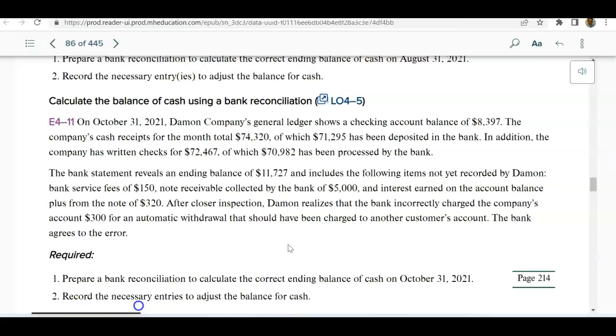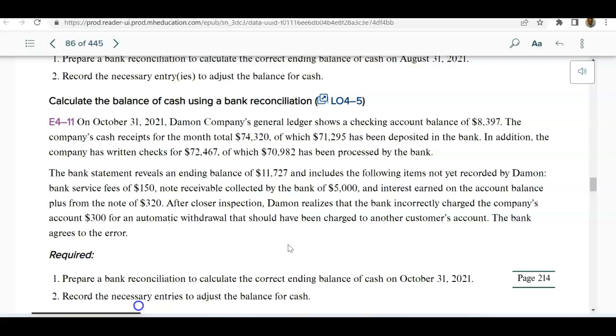The company's cash receipts for the month total $74,320, of which $71,295 has been deposited in the bank. So the difference is not showing, the difference of 74 minus 71.